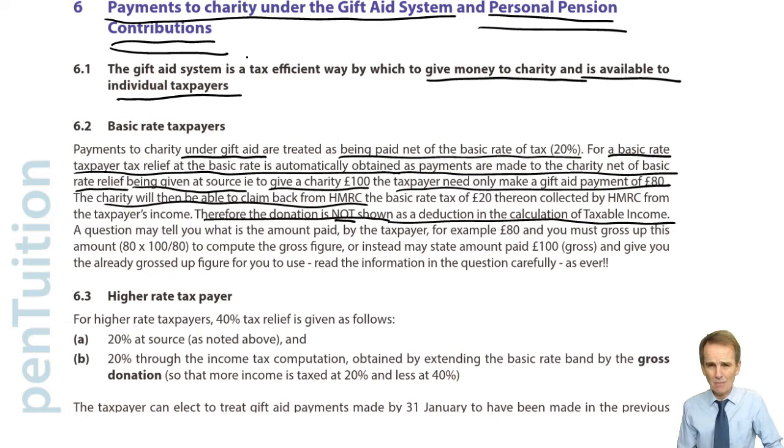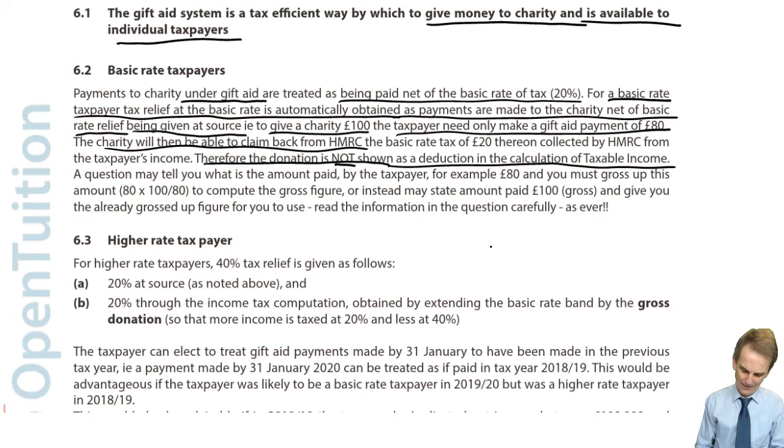If I put £8,000 into my personal pension scheme, that's out of a £10,000 gross income, where 20% basic rate tax has been deducted, my personal pension fund will be credited with the £8,000 that they get from me, and then a further £2,000 that comes back from HMRC. The £2,000 tax that they deducted from me on my income, they put back into my pension fund. So we get basic rate relief at source.